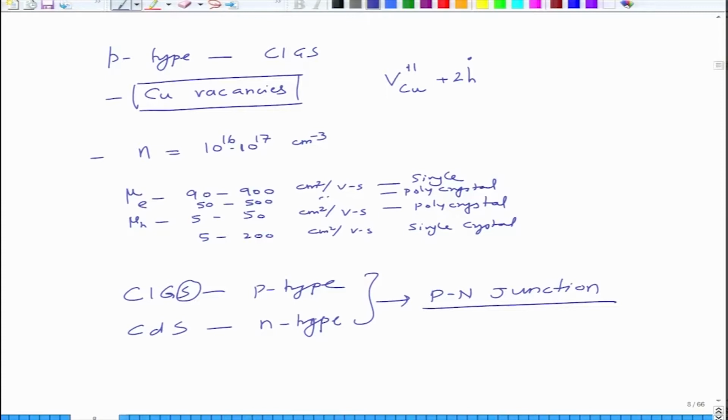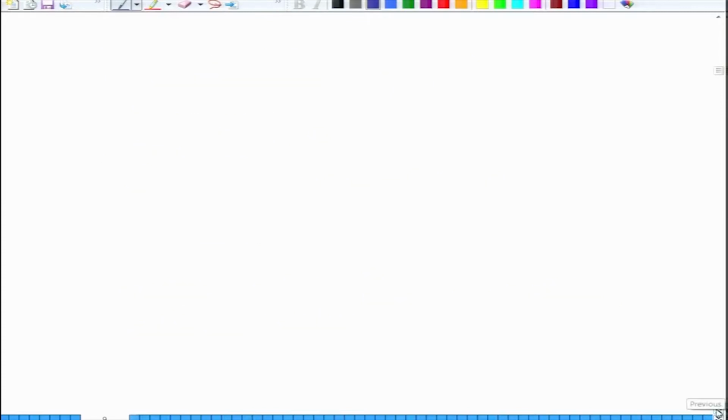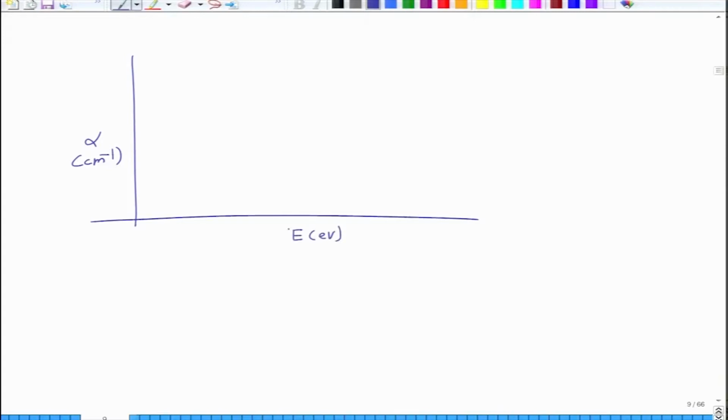So, if you look at the absorption behavior, the absorption behavior of the material is very good. If I plot alpha as a function of energy in eV, it has a band gap of nearly 1 electron volt. So, it gives you absorption as good as 10 to the power 5.